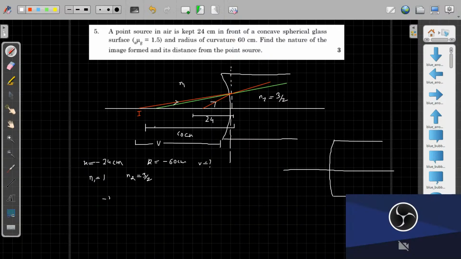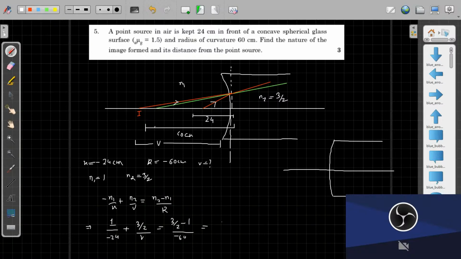So put it in: minus N1 by U plus N2 by V equals N2 minus N1 by R. N1 is 1, U is minus 24, N2 is 3/2, V, and 3/2 minus 1 over R, which is minus 60. Let's solve this.